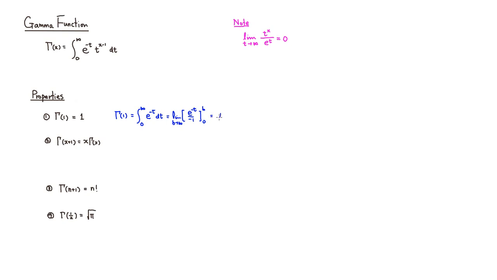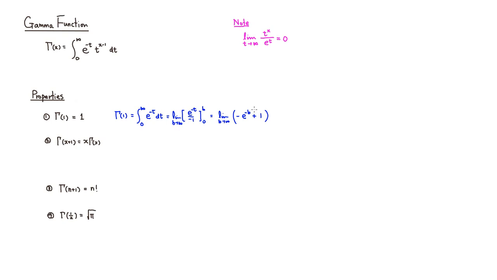Plugging in b, it's e to the negative b over negative 1, which I should have just called negative e to the negative b, minus, so plus, plugging in 0. e to the 0 is 1, so we put 1 here.